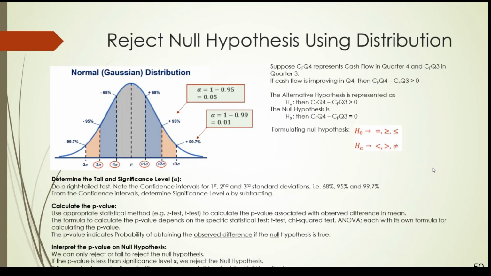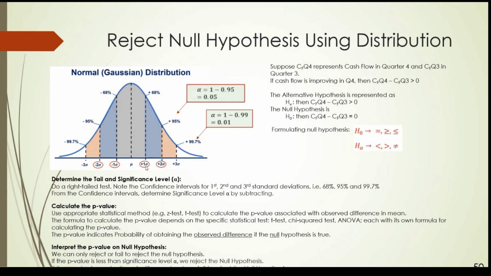And then how do we reject the null hypothesis using any of the distribution? If you have distribution, how do you reject the null hypothesis, whether using chi-square or t? Okay, so a normal distribution, we have the following 6 standard deviations.